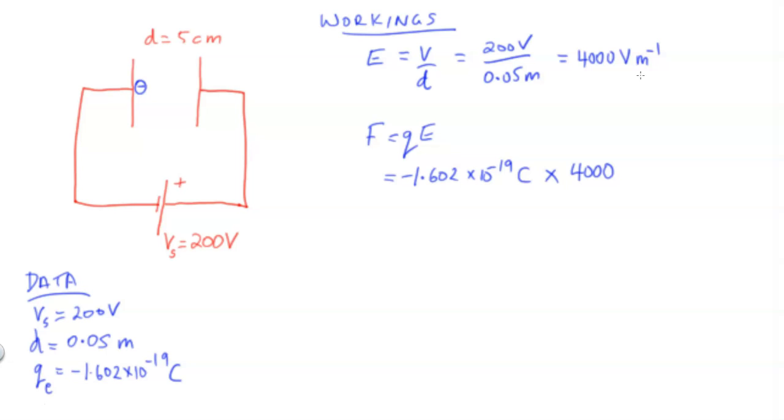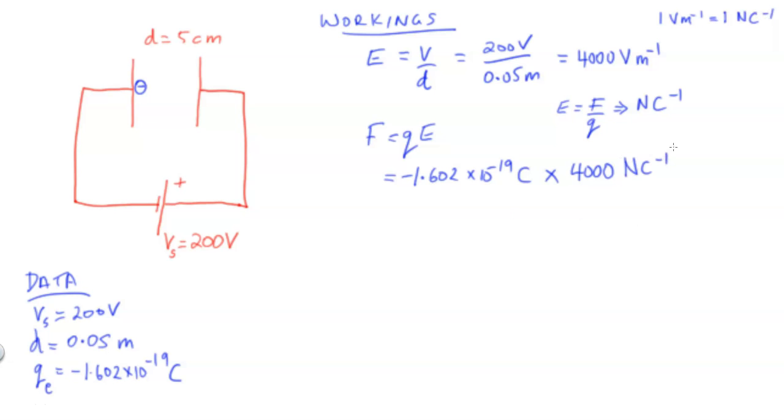Okay, now the units we've got here is volts per meter. A quick look at rearranging this equation tells us that we have an equivalent unit of newtons per coulomb. So I can change this, so it's saying that 1 volt per meter is equivalent to 1 newton per coulomb.